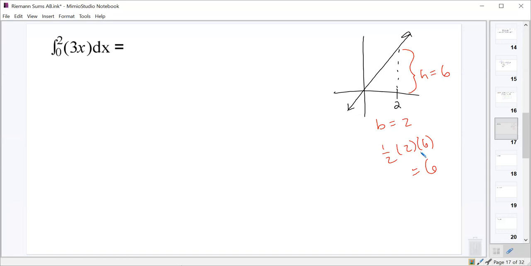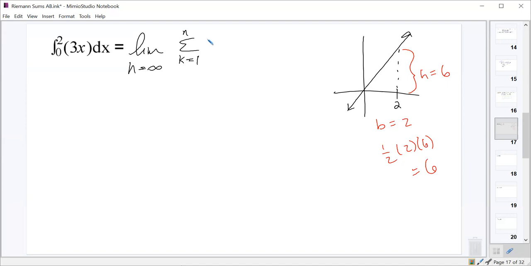So first off, this integral should always turn into something that starts out as a limit as n approaches infinity of a sum from k equals 1 to n of f of x sub k. So what is f of x sub k? What's f of x? 3x.